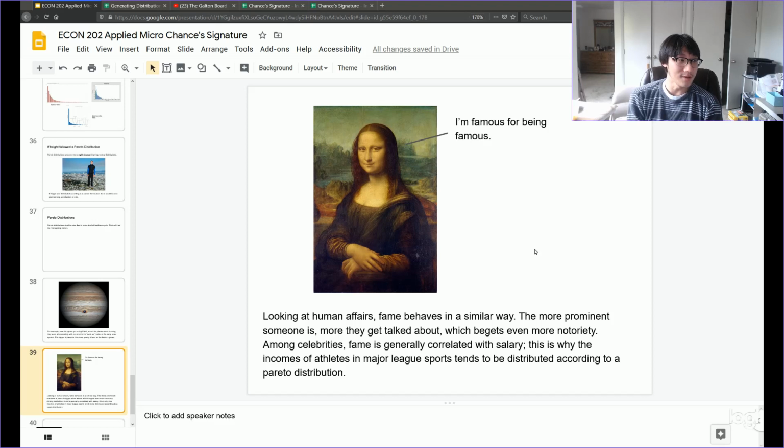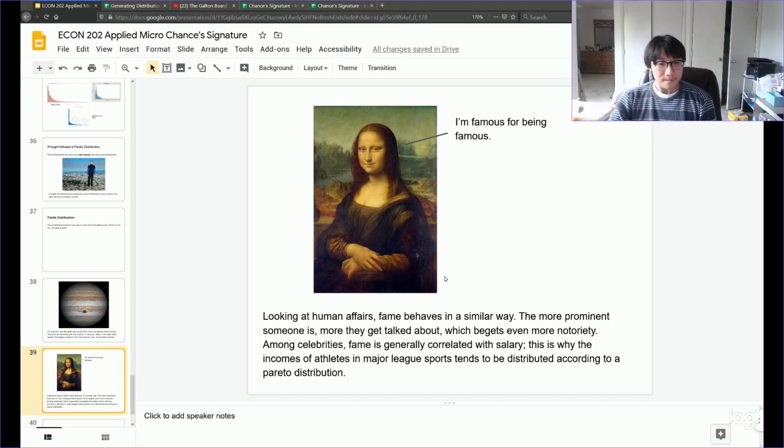Why is the Mona Lisa so famous? Is it the most beautiful painting of all time? Is it the most noteworthy or the most unusual or genre-defining painting of all time? Not necessarily. You look at it, it just looks like a portrait of a woman, right? And there are probably a million other portraits hanging in Italy somewhere that somewhat resemble the Mona Lisa, right? The Mona Lisa is famous because it's famous, right?